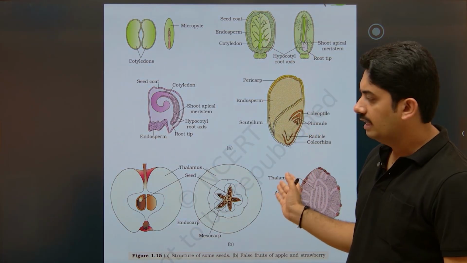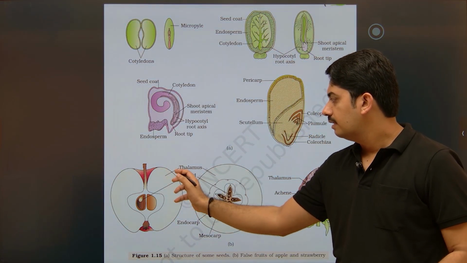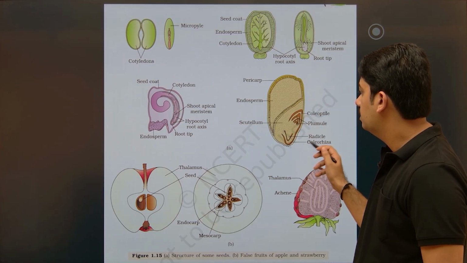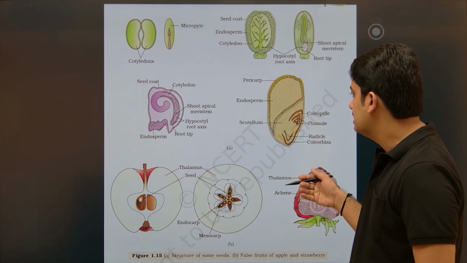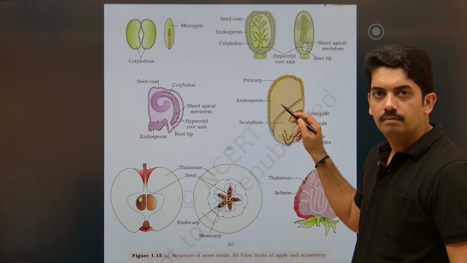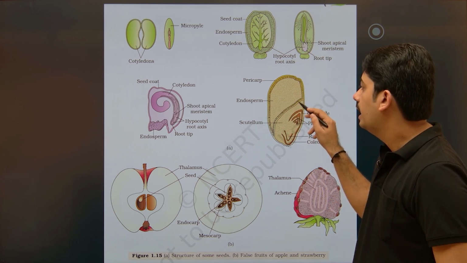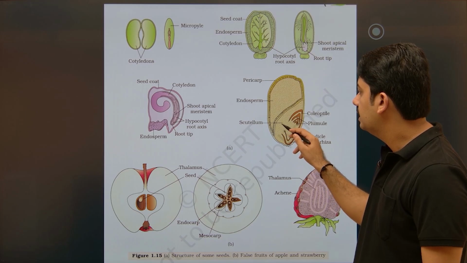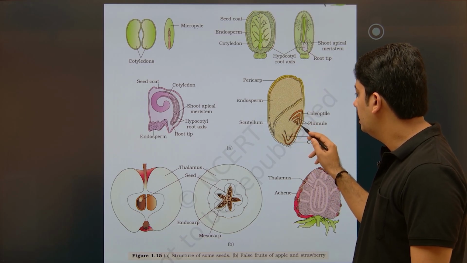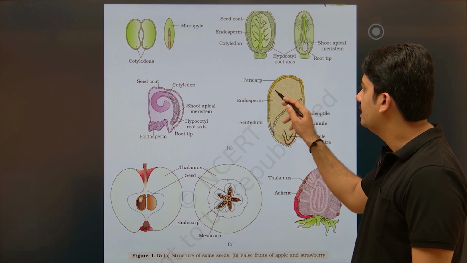Here are some examples. You can see this is the thalamus in the case of apple, and this is a monocot seed vertical section. Here you can see the endosperm. So the maize seed is an example of an endospermic seed. This is the scutellum, single cotyledon, and here you can see coleoptile, plumule, radicle and coleorhiza.